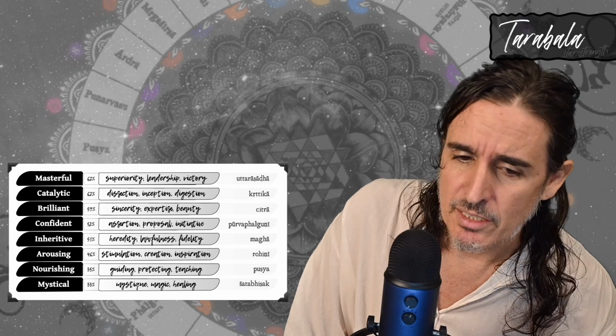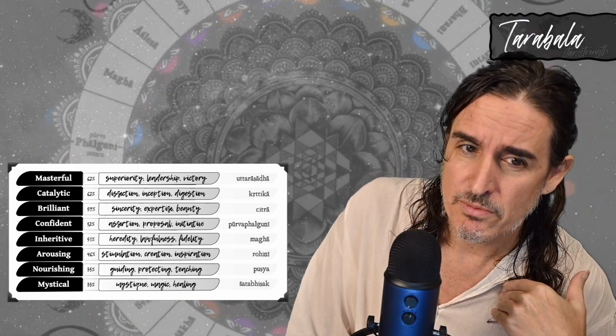So what is that telling me? It's telling me that all of my strengths will coordinate and synergize best when I can play the role of a superior, a master, a leader in a field, or when I need to conquer a challenge or defeat an obstacle or an opponent.